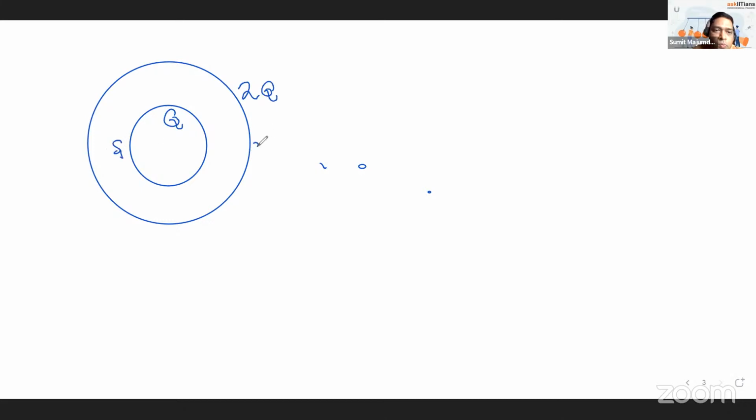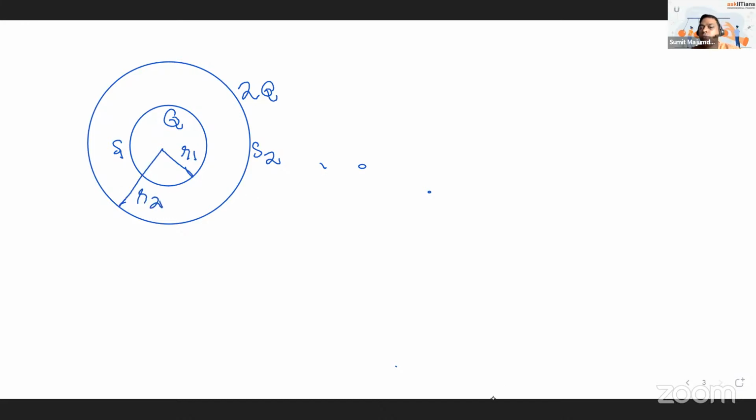This is your S1 and this is your S2 that we have. S1 has a radius R1 and S2 has a radius R2.